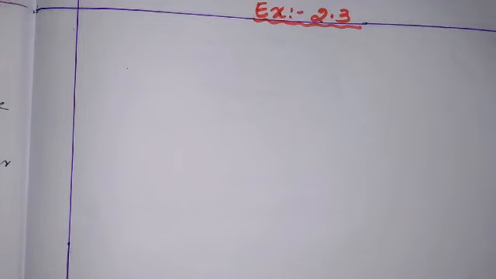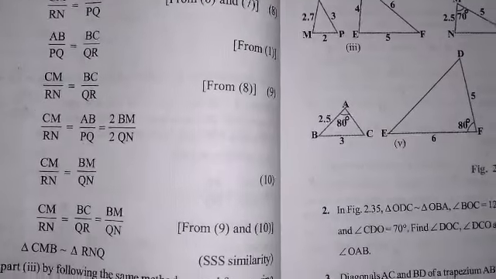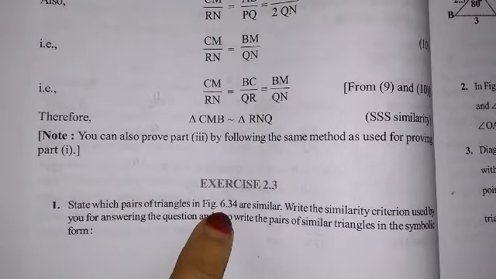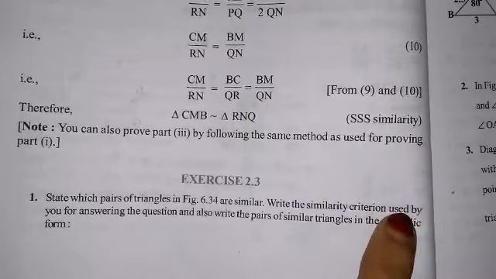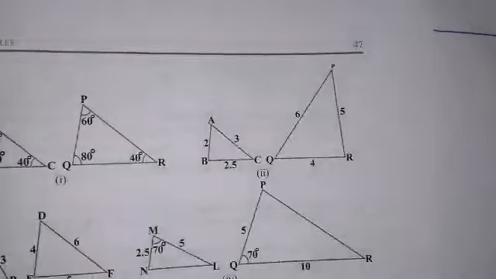Okay. So now let me see the first question of this exercise. What they have given, check. You can see here. State which pairs of triangles in figure 6.3 are similar. Write the similarity criterion used by you for answering the question.